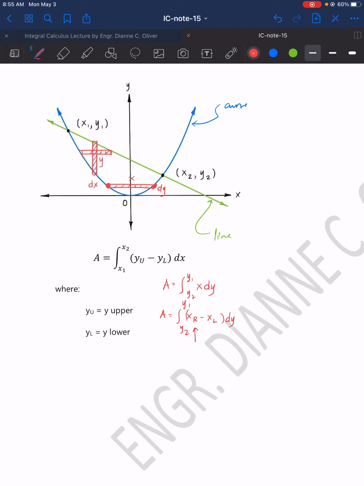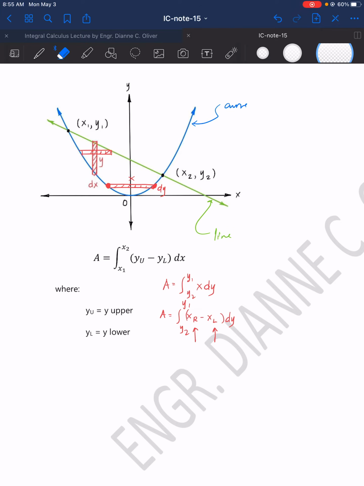Therefore, the equation for x right is the same as the equation for x left. If you subtract it, the answer will become 0. So that's the second reason why we are not using the horizontal area strip here: the area strip touches one boundary at 2 points.